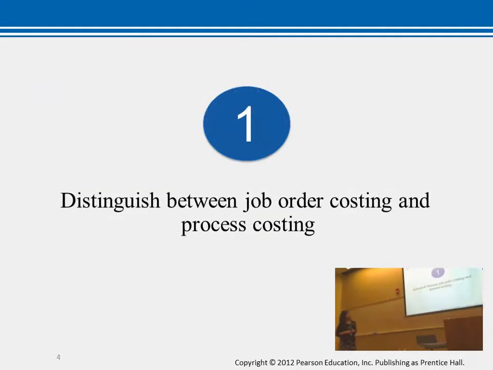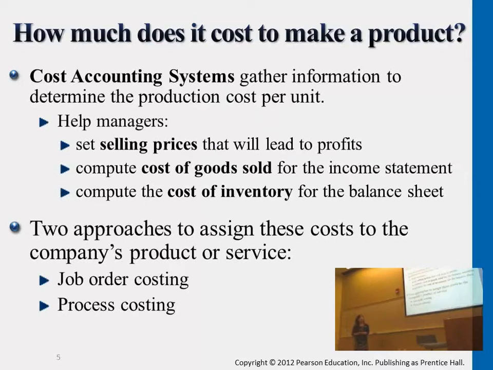So first of all, what's the difference between job order and process costing? On a broader picture, what we're trying to get to with these two approaches of assigning cost is pricing the product. Before pricing the product, we need to know the cost of the product. The accounting department is all about gathering information from different departments in order to put together the cost of the product and to price the product to gain profit in between.